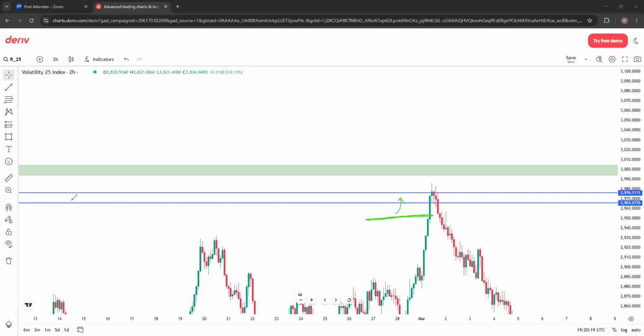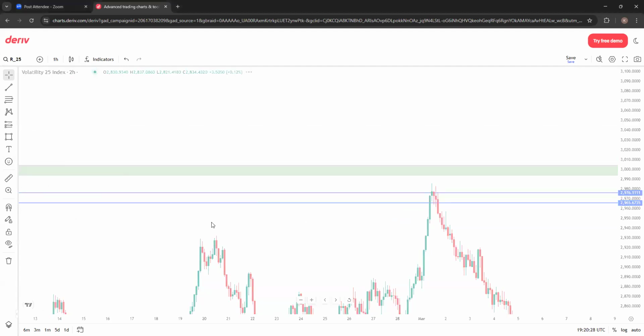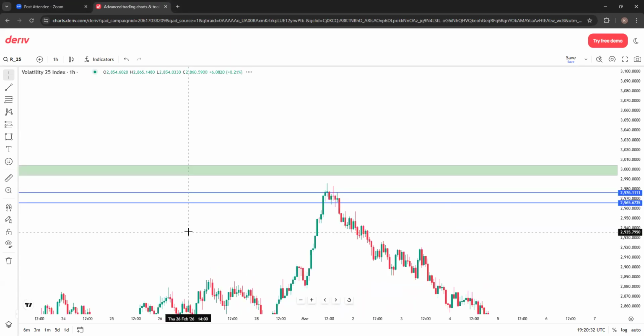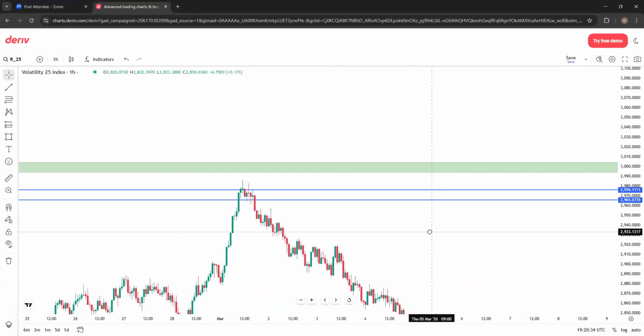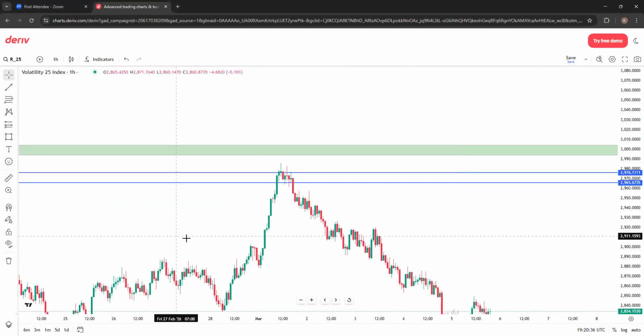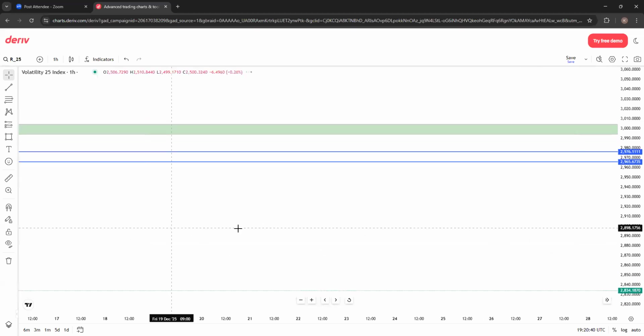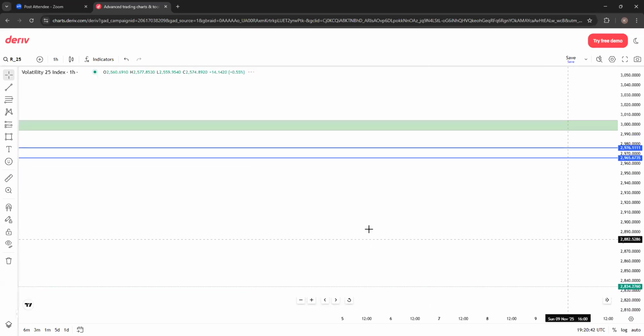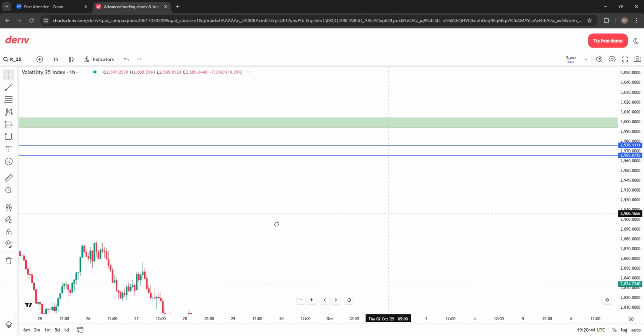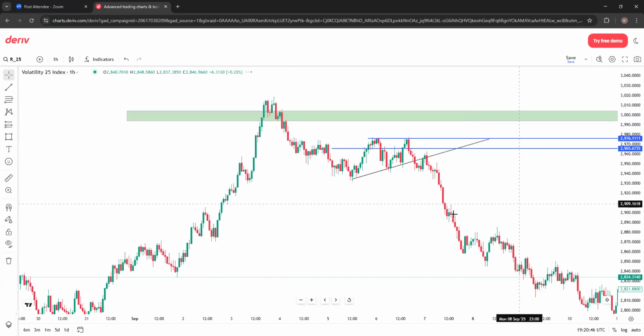So now that we've marked it in our H2, we want to go to our H1. I usually like jumping straight into M30 or M15, but for the purposes of learning, let's go. Now, what do you see in our H1? Let's use that point as our reference where we are marking our OB.